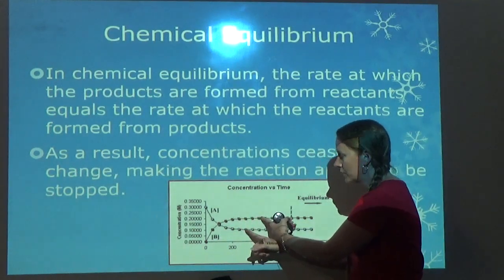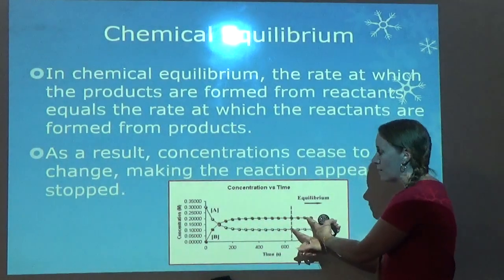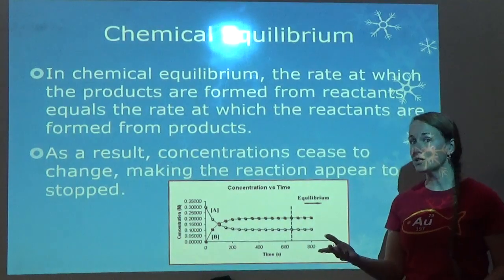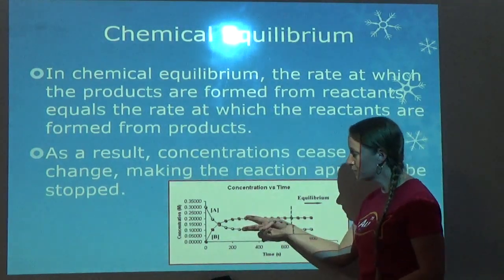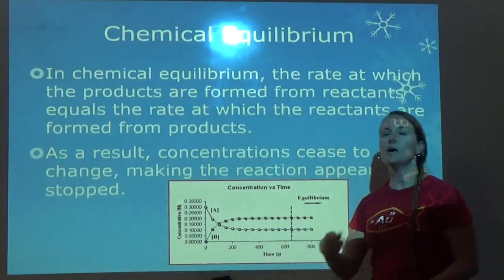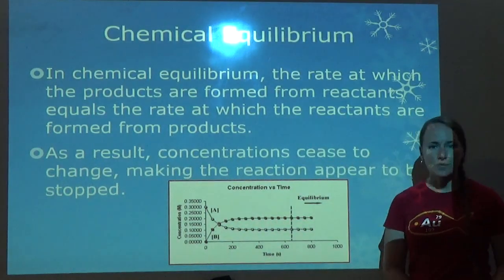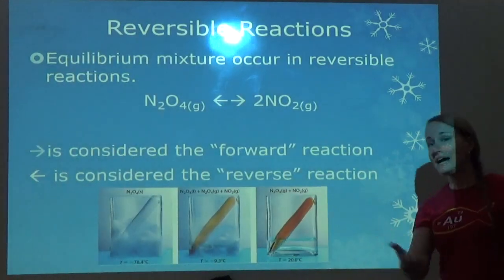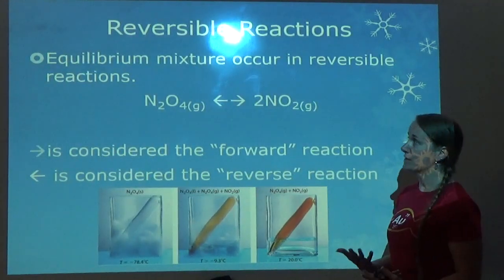Eventually, they will hit a steady amount. So it seems as though the reaction has stopped, but what that means is once it reaches equilibrium, every time A converts to B, a B converts back to A at the same rate. So it hasn't actually stopped, it would just appear to have stopped.